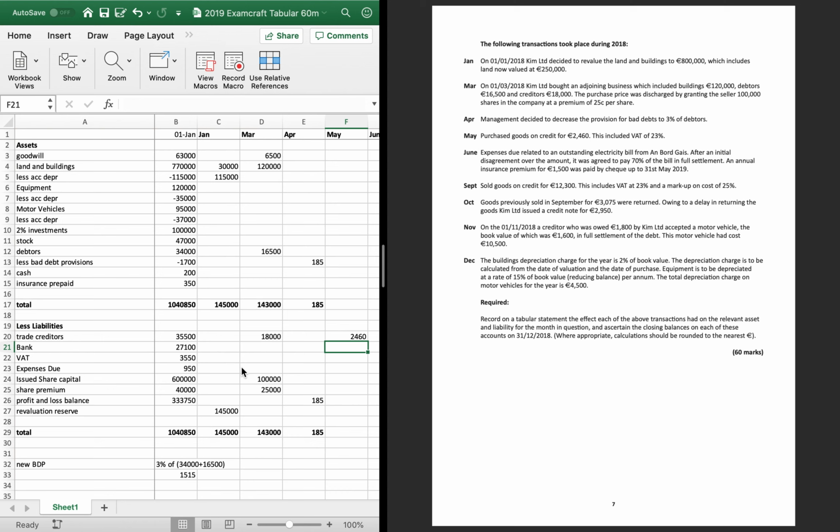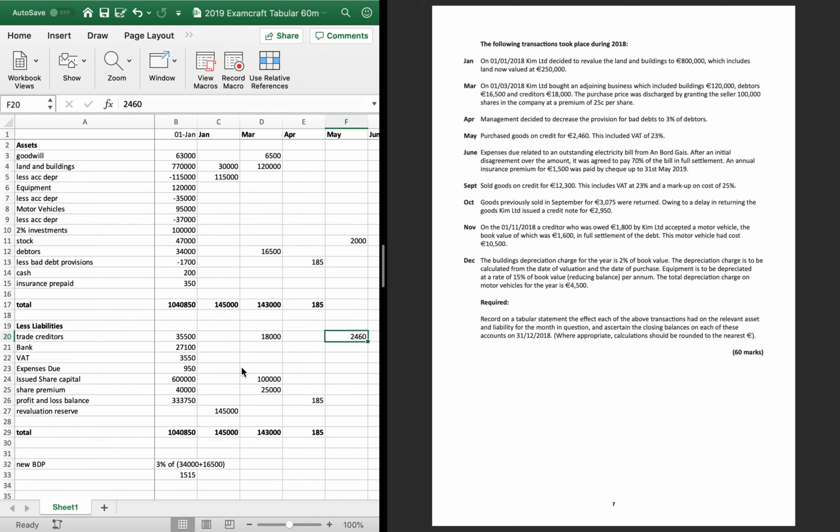However, the value of your stock only goes up by the amount excluding the VAT. So to find the amount without the VAT, you divide 2460 by 123, multiply by 100. So the stock, what you've bought is an asset costing 2000.